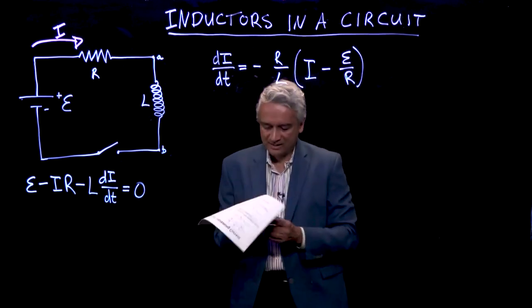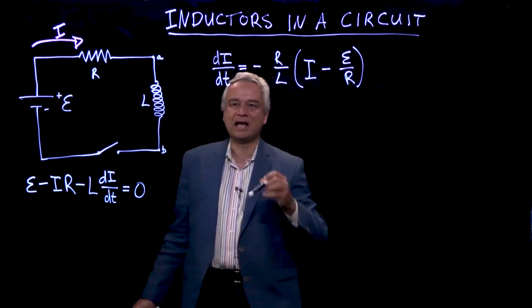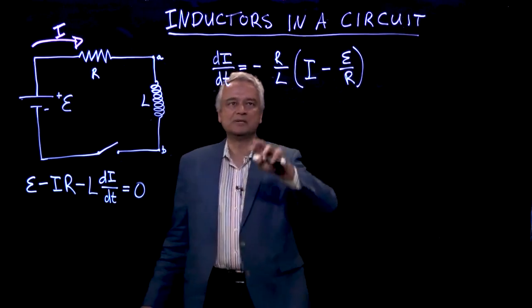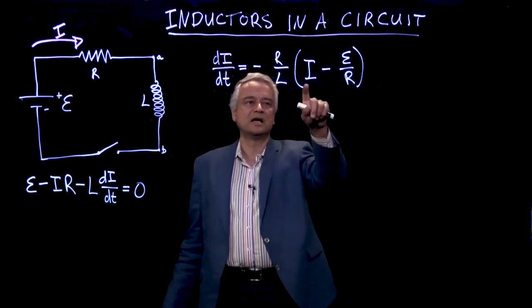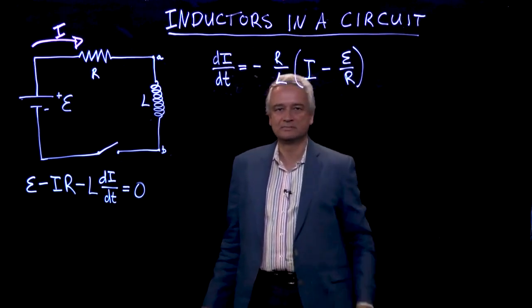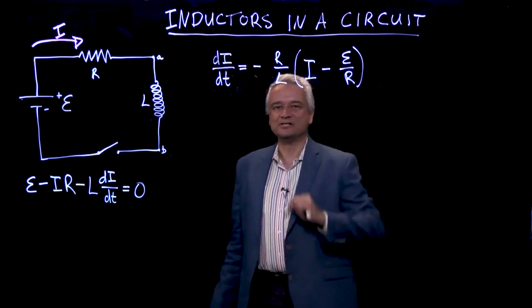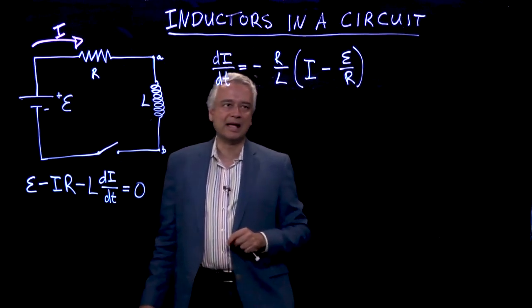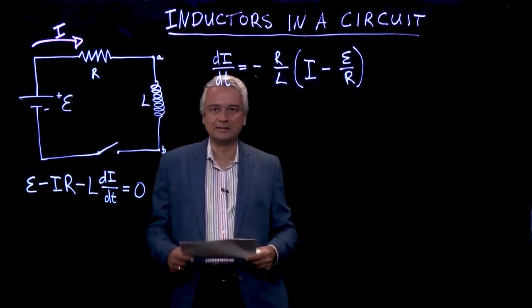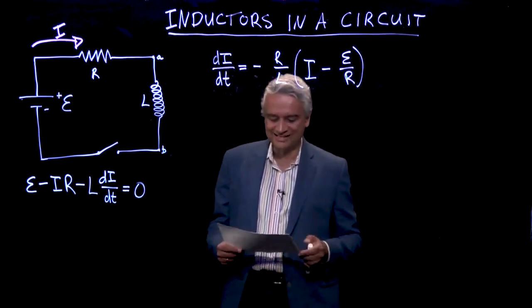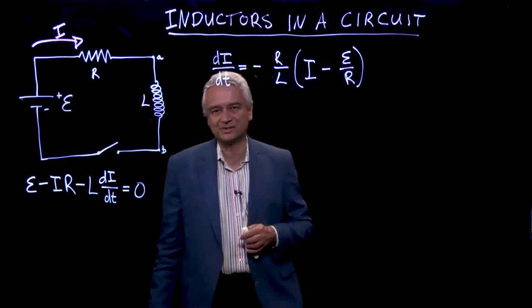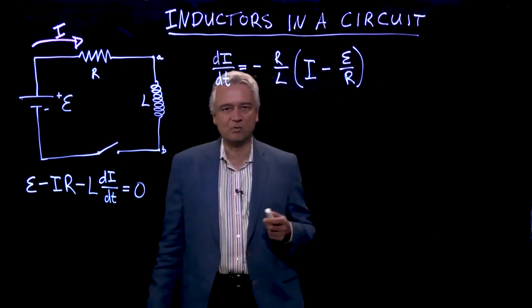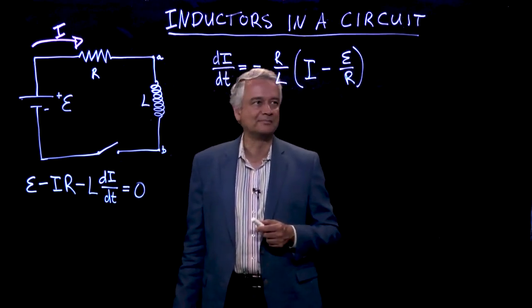But if you go back and look at the equation that we got for a capacitor, dq/dt was equal to minus a constant times q minus some other constant. The values of the constants are different, and the variable has changed from q to I. But the math equation is the same. So we're going to just write down the answer in a second based on what we did to solve this equation before.